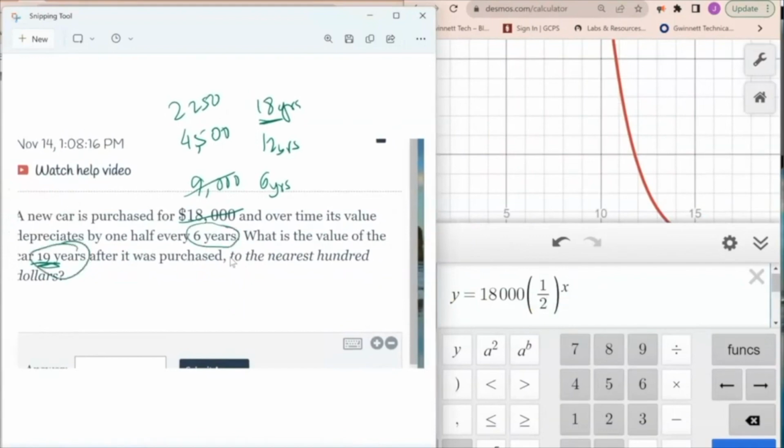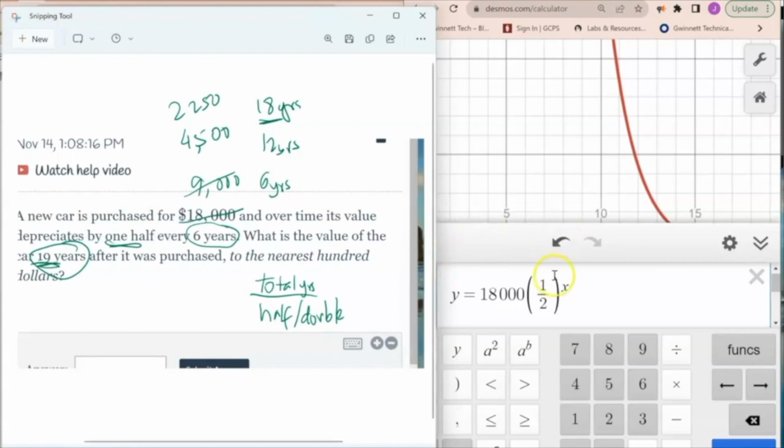When you're putting your time in here, it's going to be your total number of years over your half-life, or if you get a doubling question, your double. The only difference between double and half-life is right here. I've put half because it's half-life. If it has double, I would put 2.